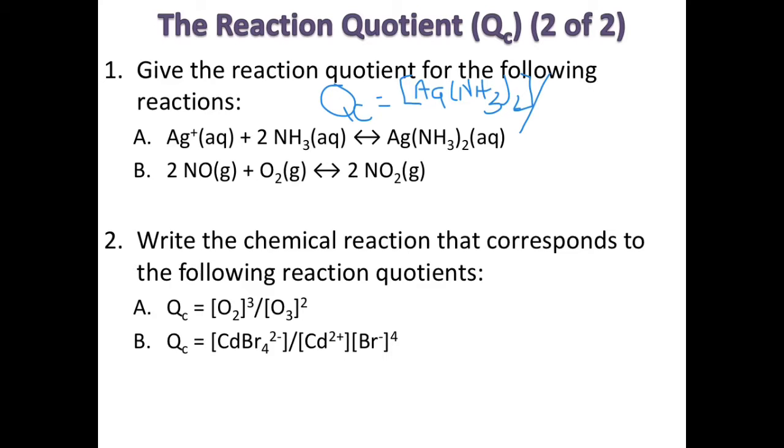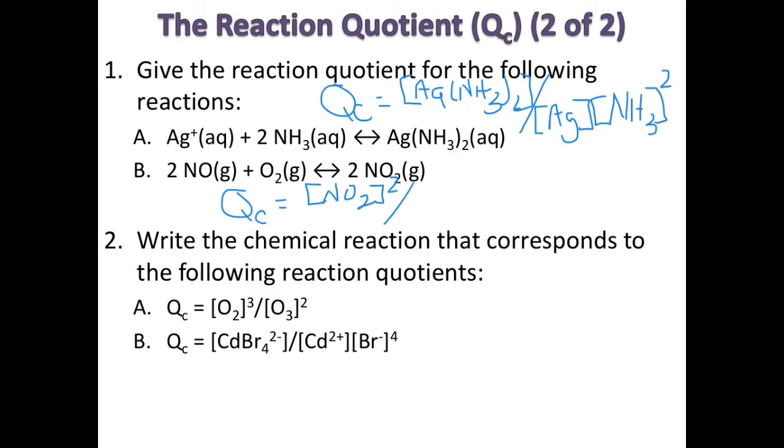And in the denominator, you have the concentration of Ag and the concentration of NH3 squared. For reaction B, the quotient is the concentration of NO2 squared over the concentration of NO squared and the concentration of O2.